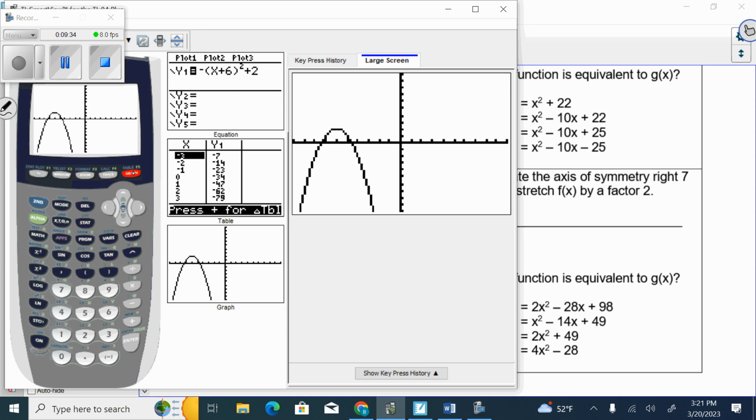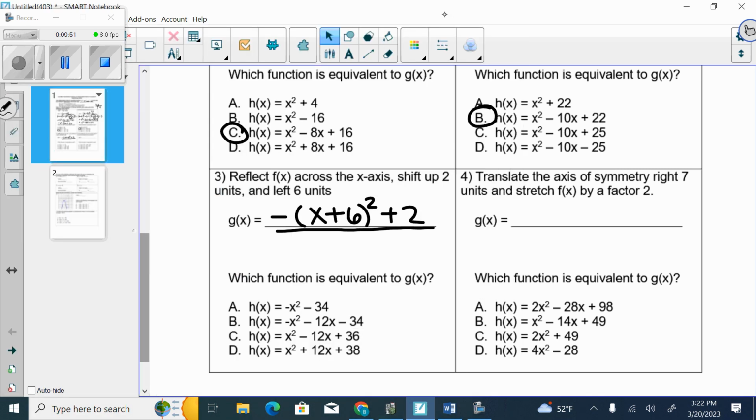If they're not the same equation, we're not going to see the same picture 2 times, right? So, does it look like they're the exact same picture? Yeah. So those are going to be equivalent. So I know that A is going to be my answer choice.